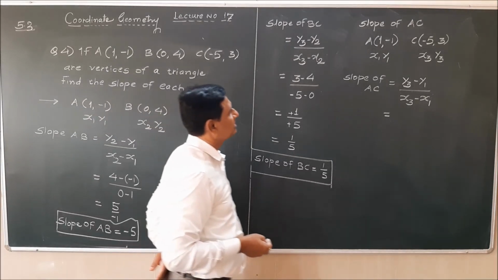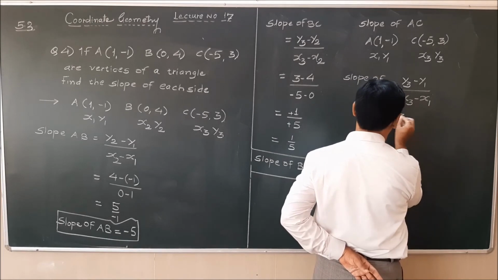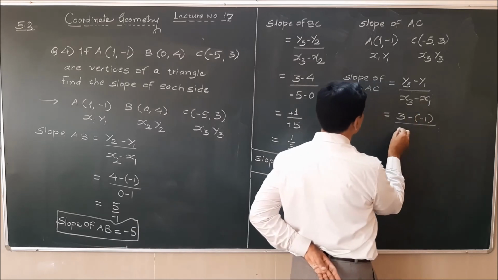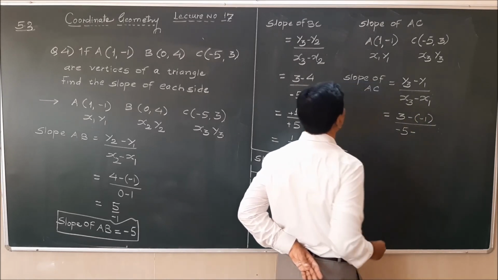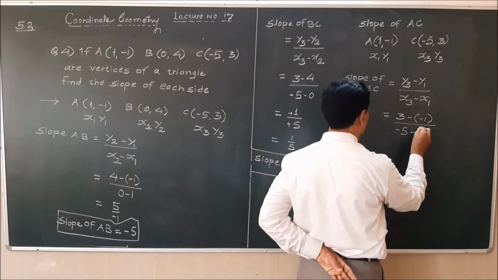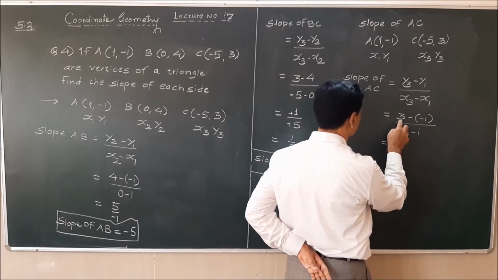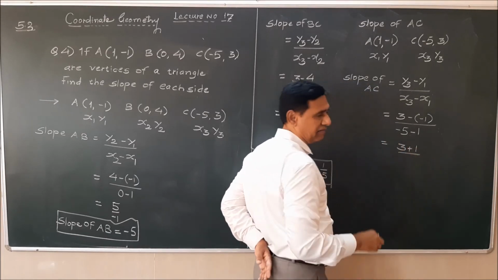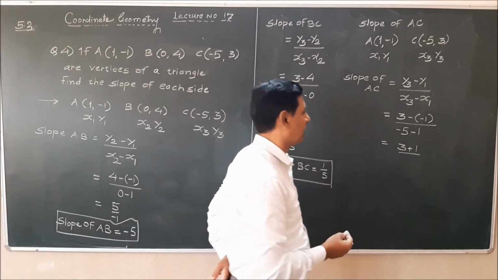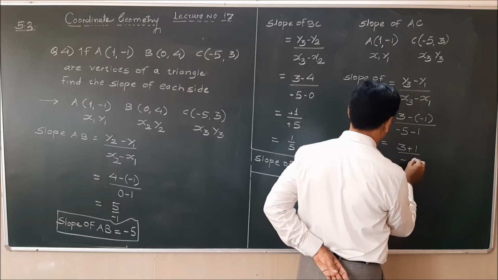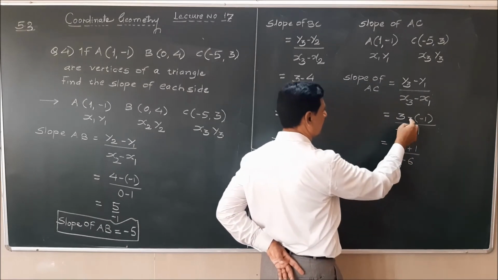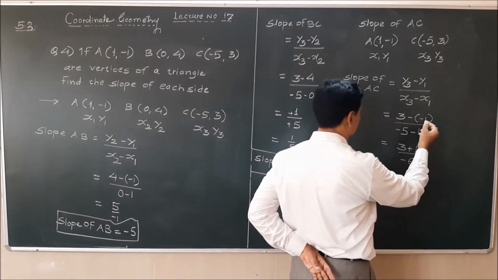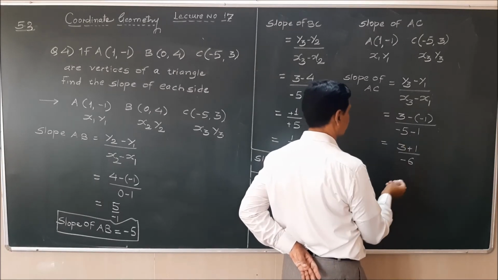The value of y3 is 3. So 3 minus of minus 1 upon x3, x3 is minus 5, minus x1 times minus 1. 3 minus of minus 1 is plus 1, upon minus 5 minus 1, which will give us minus 6. Try to understand again. 3 minus of minus 1 is plus 1, so here 3 plus 1, and here minus 5 minus 1 is minus 6.